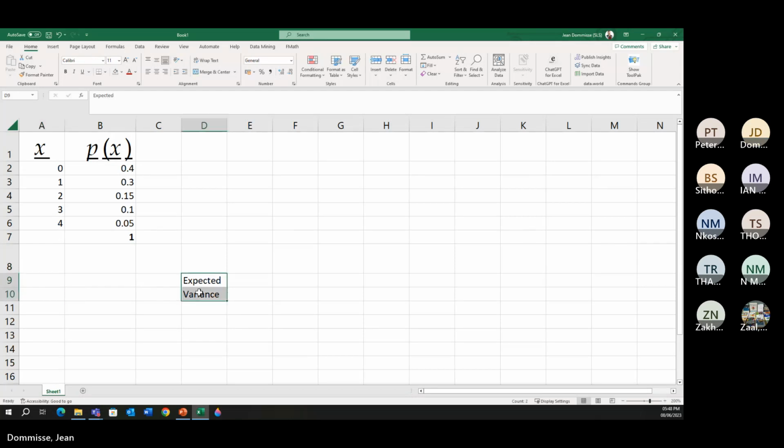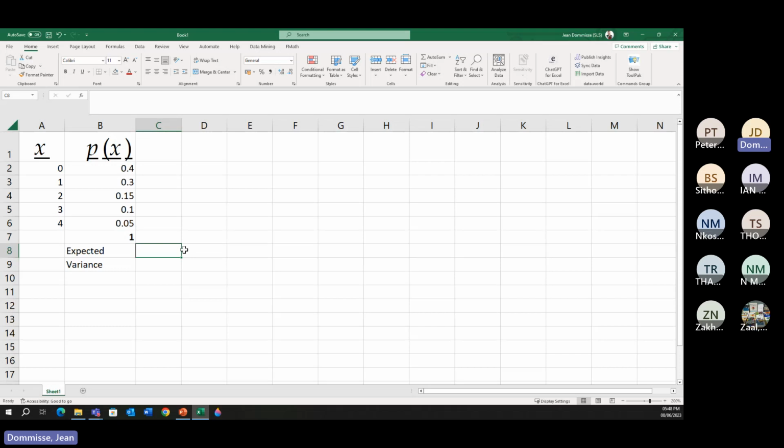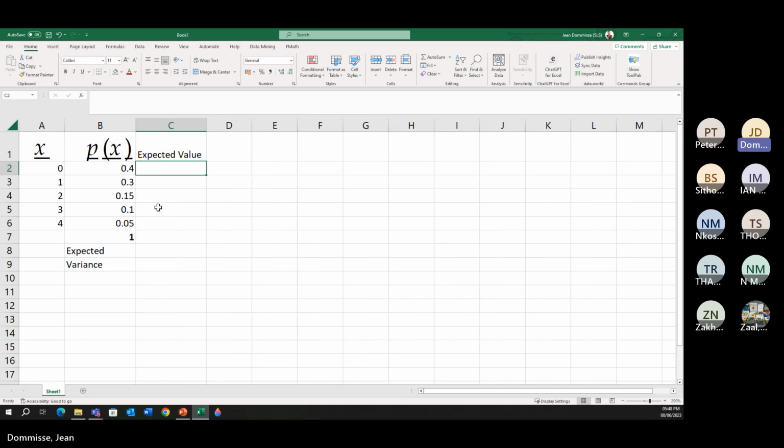How we work out the expected value is to say x times the probability.